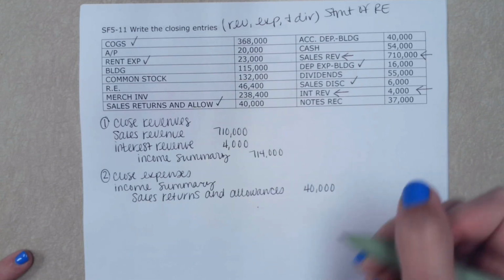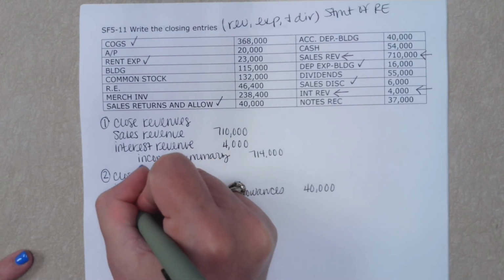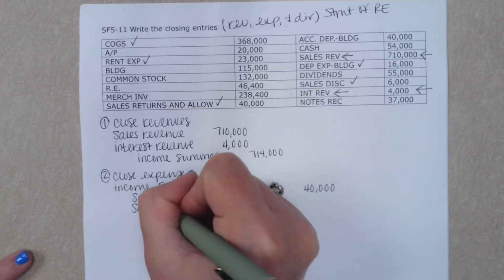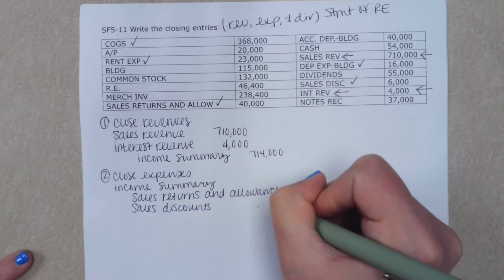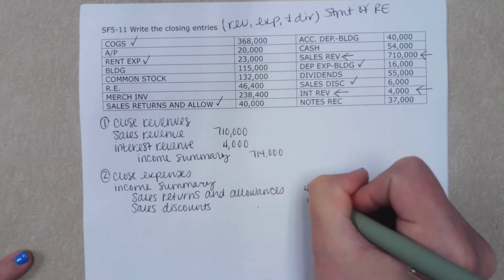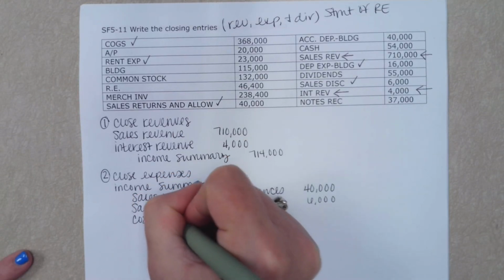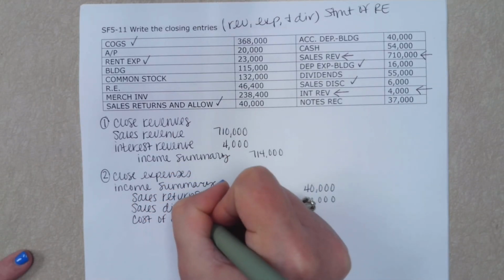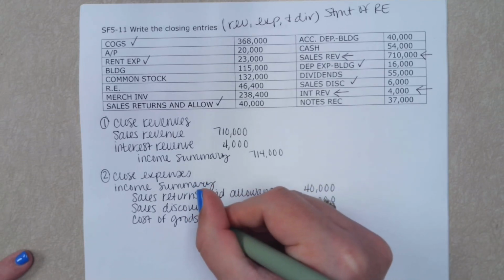And remember, we're just not coming up with anything new. We're just writing down what amount is listed in the box. And the order does not matter here. You could have listed cost of goods sold first. You could list sales discounts next.